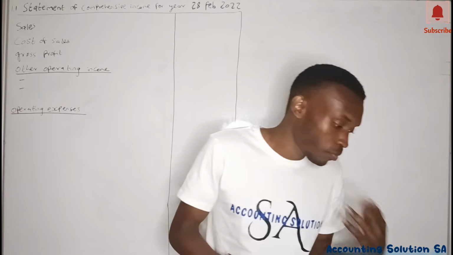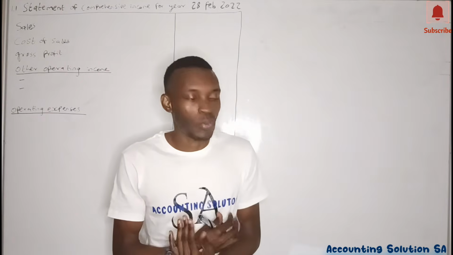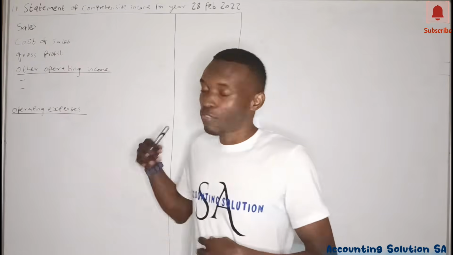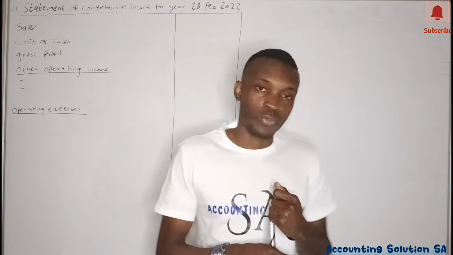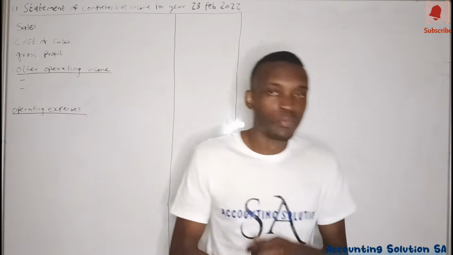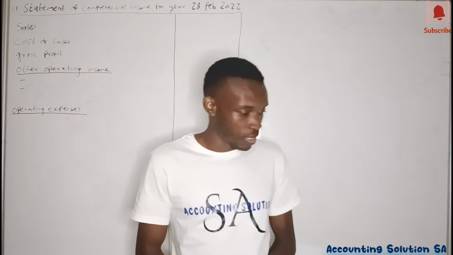You have to identify them through a transaction that we are going to read. So please make sure that you know the format before you go through the question paper. Let's analyze the information together, then we can start answering the question.